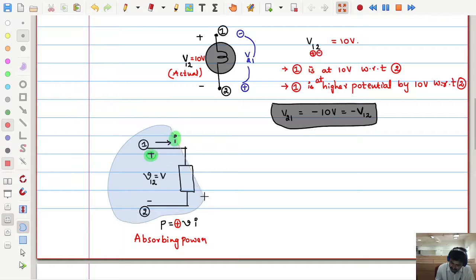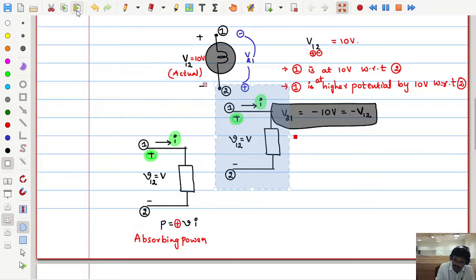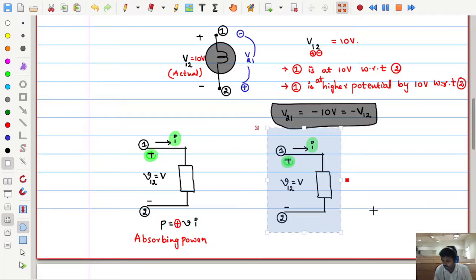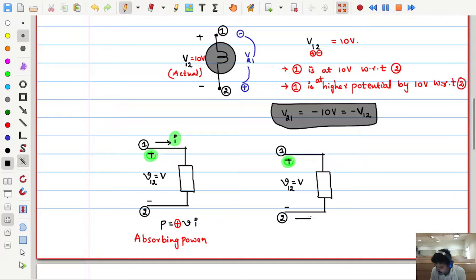In the same way, if we consider a little different case like this. Now what I will do is, instead of the current flowing in this direction, I will consider the current flowing in this way, I amperes. So now can you tell me how much is the current flowing through this element from 1 to 2?